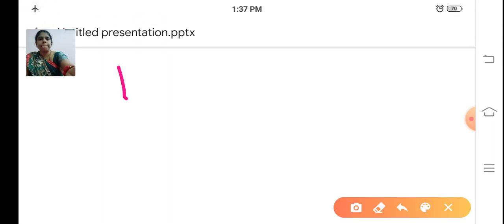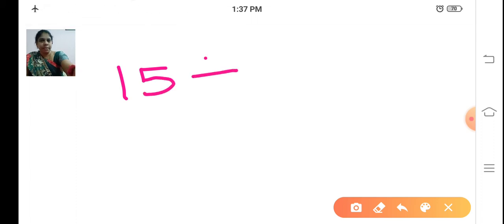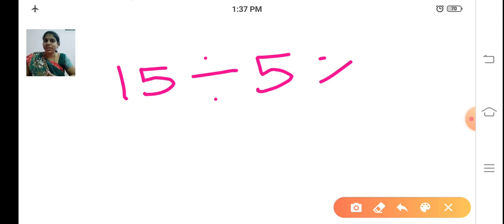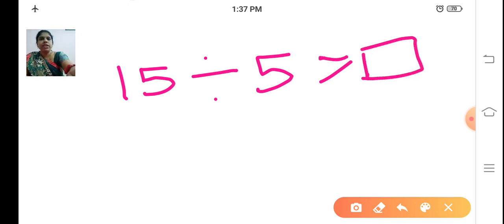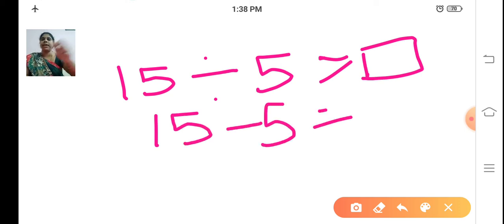So 15 divided by 5, that we are going to find out. How to find out this? So we are going to subtract. So 15 minus 5. Now tell me, when you subtract 15 minus 5, what will be the answer? You know subtraction, isn't it? So 15 minus 5 is 10.